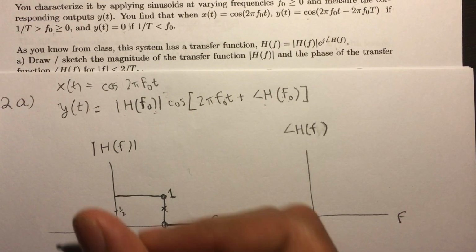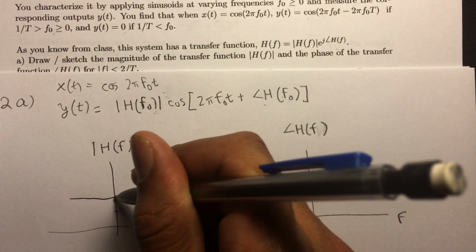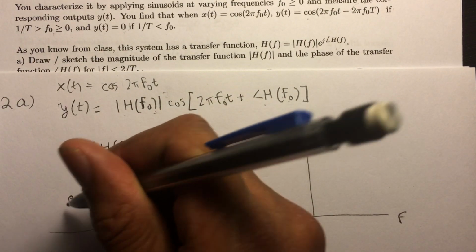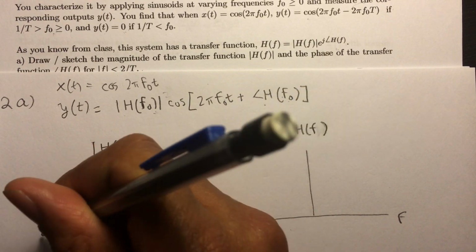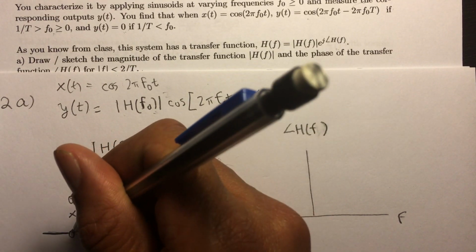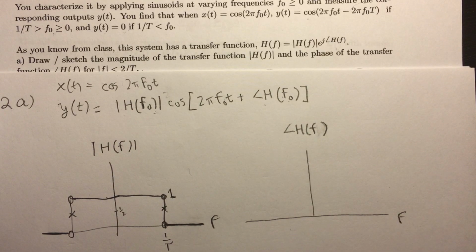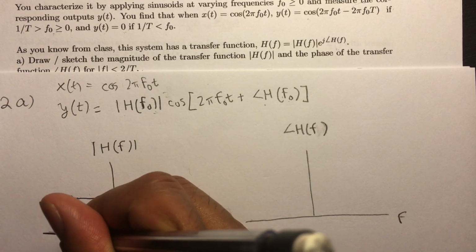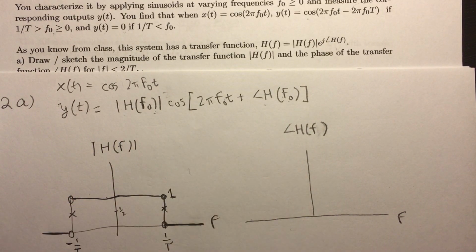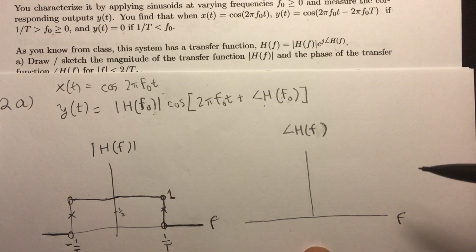So we can extend this out just by reflecting about the f equals 0 axis, and say what this would look like. Okay, so that's the magnitude.